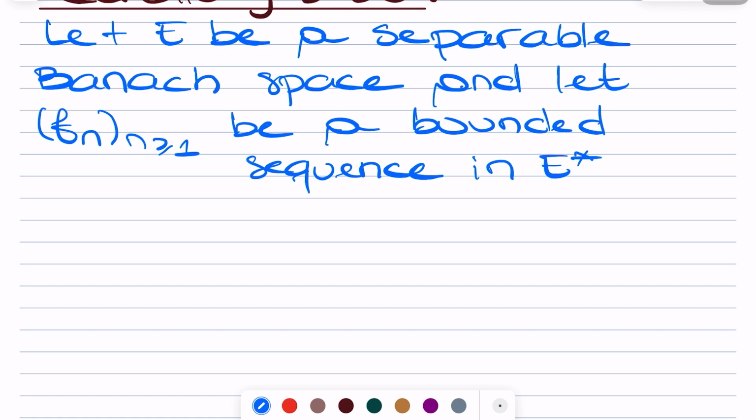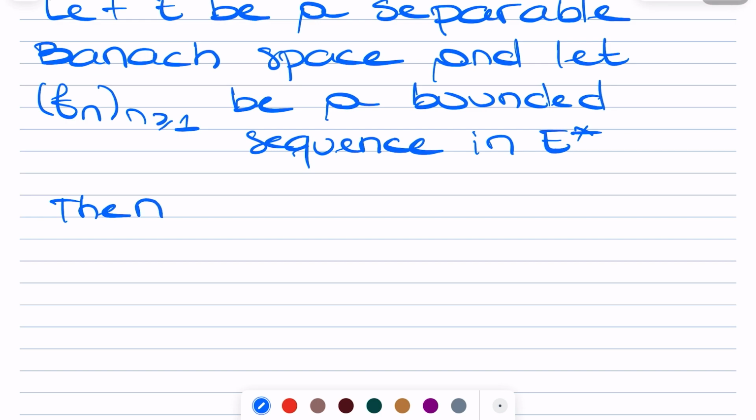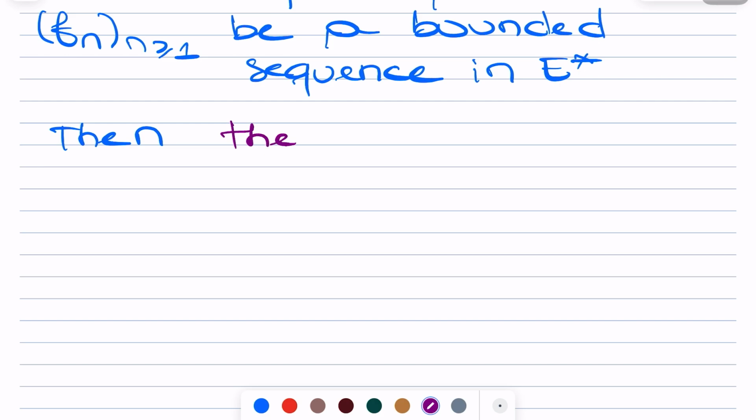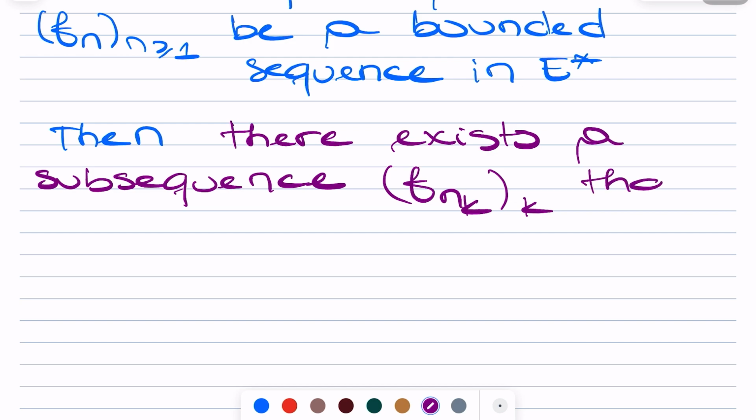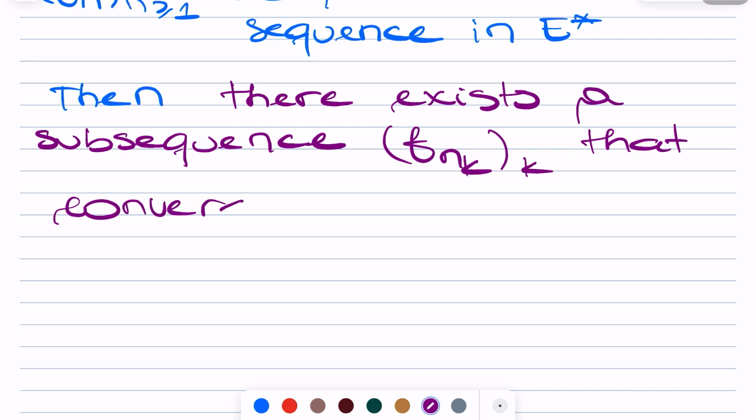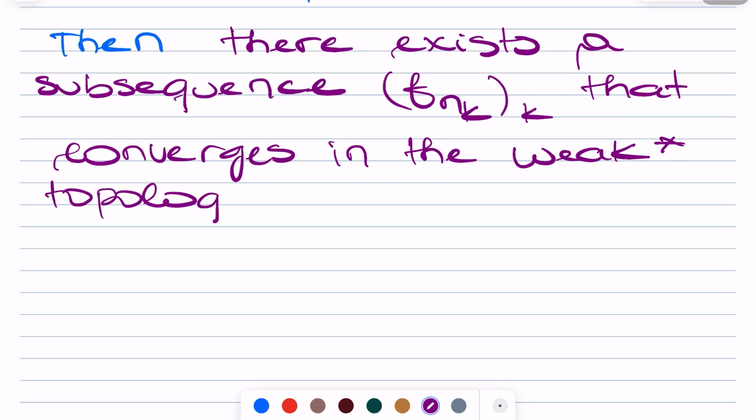Then there exists a subsequence, say F n k, that converges in the weak star topology sigma(E star, E).